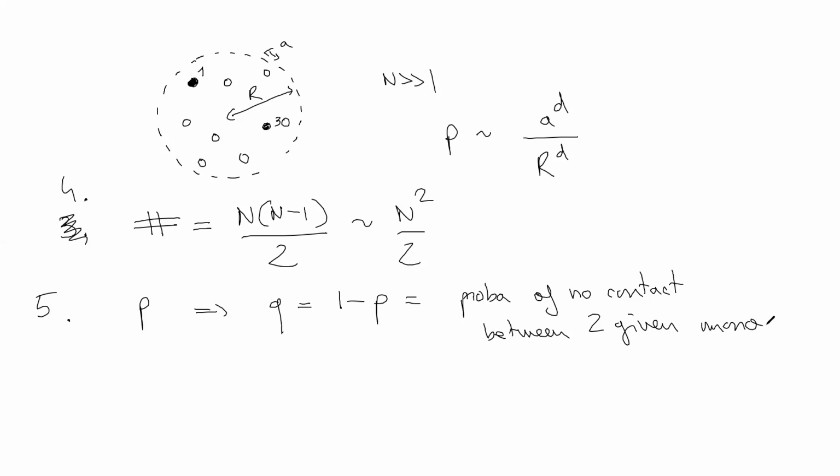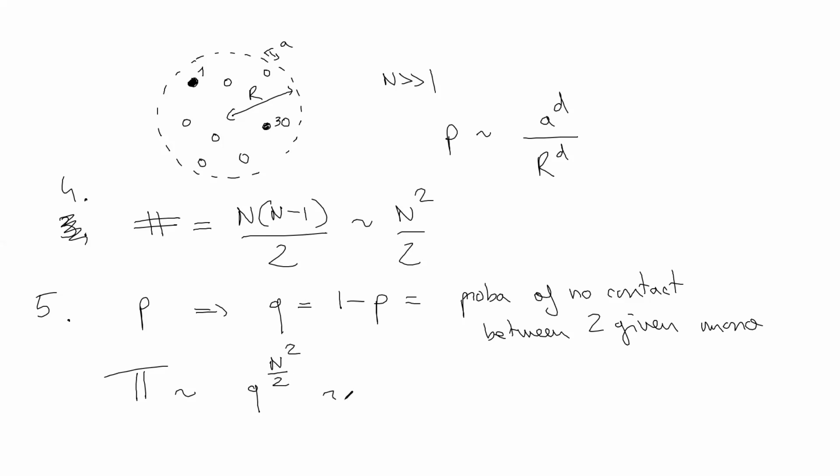And now the probability that I have a conformation that has 0 self-contact, I call it pi. What is the probability of pulling randomly a conformation that has strictly no contact between monomers? Q to the power of n squared over 2. Correct.